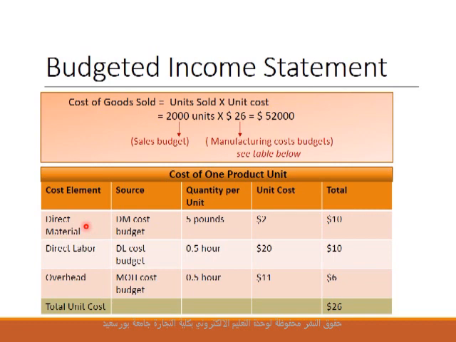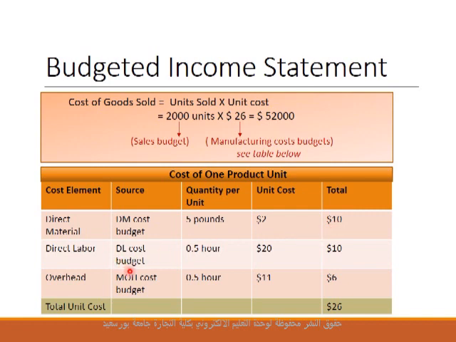Basically, unit cost can be computed by adding up direct material cost per unit, direct labor cost per unit, and manufacturing overhead cost per unit. According to the previous direct material cost budget, 5 pounds of direct material is needed to produce each product unit, and the cost per direct material pound is $2. That's why direct material cost per unit is $10.